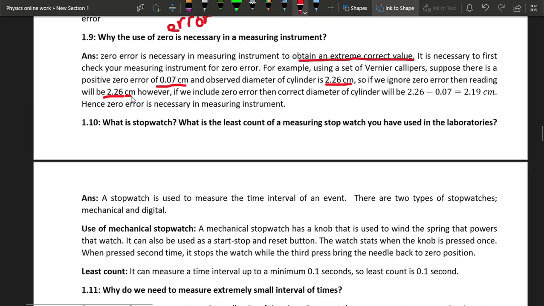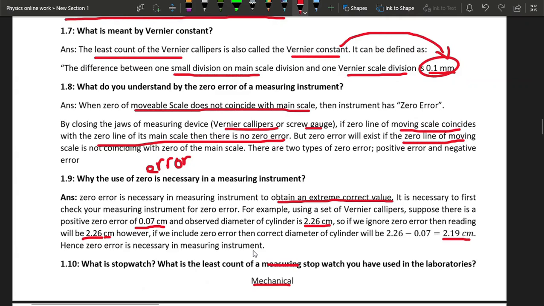But if we include this error and apply a suitable correction, the diameter of the cylinder will be 2.19 centimeter. So there is a difference between these two values. It means that it is necessary to take account of zero error in a measuring instrument, otherwise you cannot get a correct value.